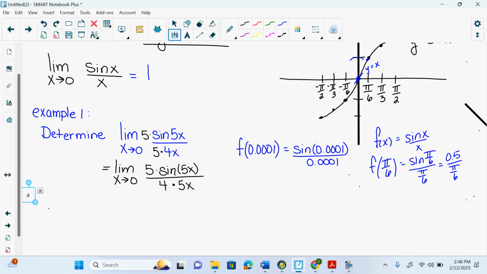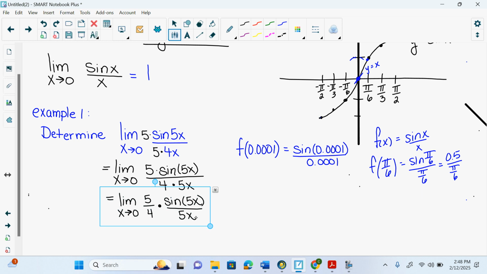So I can rewrite this as the limit as x approaches 0 of 5 over 4 times sine 5x over 5x. If you're questioning if what you did is illegal, if you just math it, it should go back to what it was, correct? So if I put the numerator times numerator, I get 5 sine 5x. If I do denominator times denominator, I get 4 times 5x. So what I did was not illegal, right?